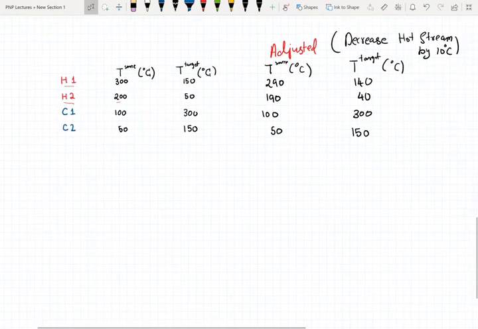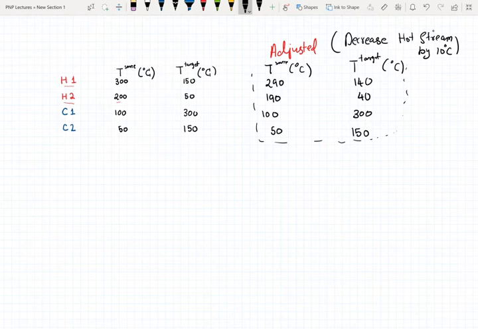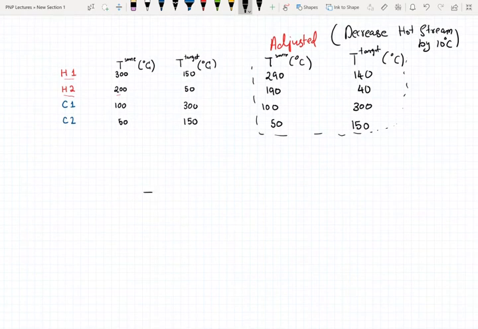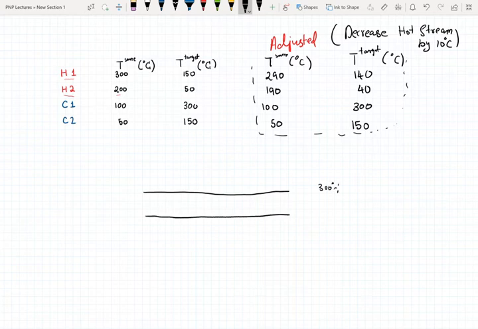So basically you want all the values of temperatures that you find in the adjusted columns. We're starting off at the highest temperature that we have here, which is 300 degrees Celsius. The second highest is 290 degrees Celsius, followed by 190 degrees Celsius.